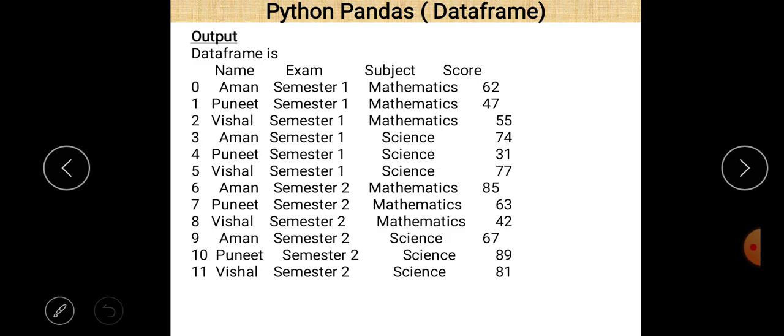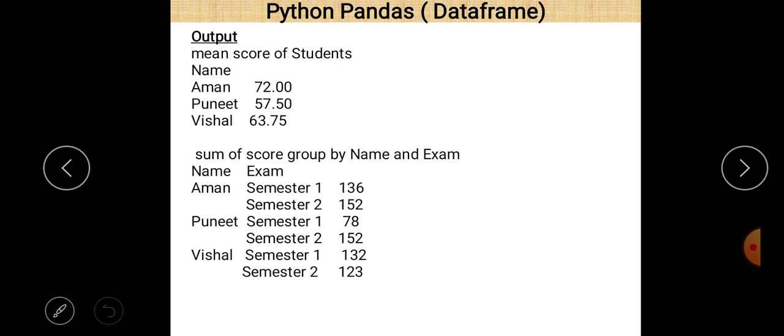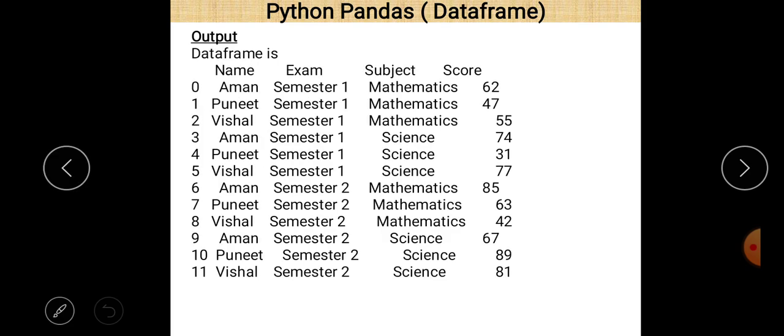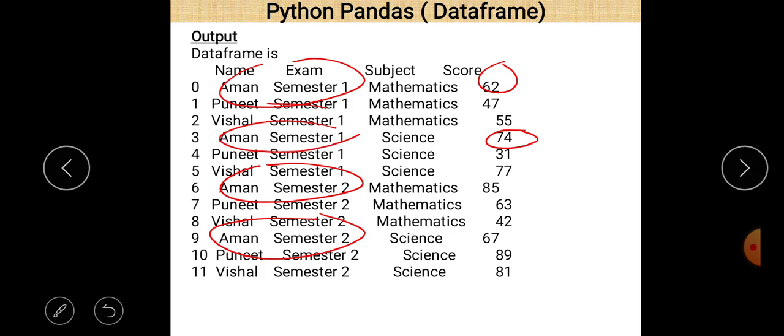In semester 1, you can easily see that these are the marks, 62 of Aman. Aman got marks in semester 1, 62, and then 74, and the rest are in semester 2.